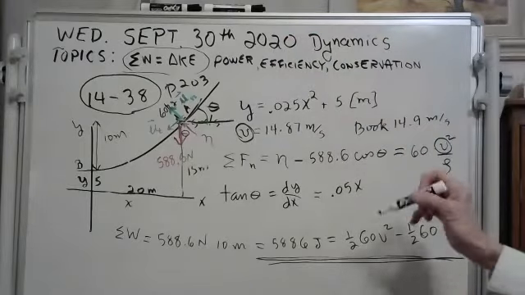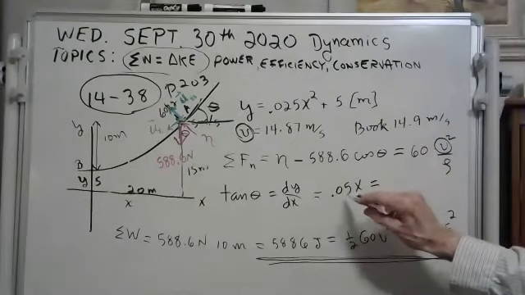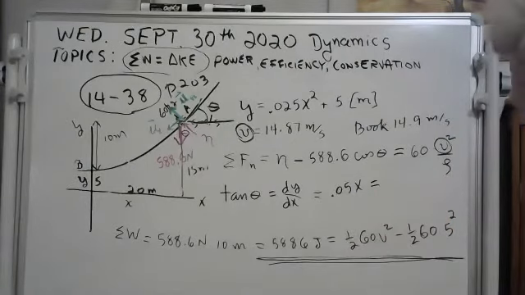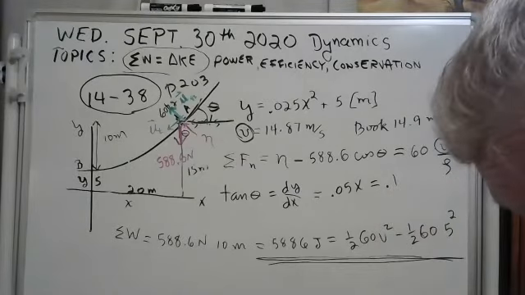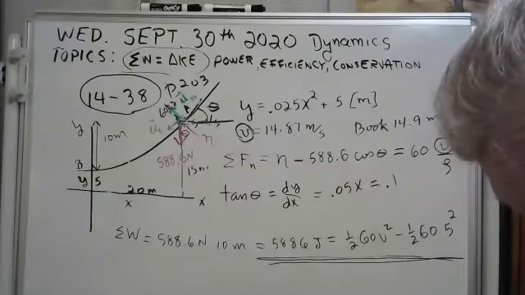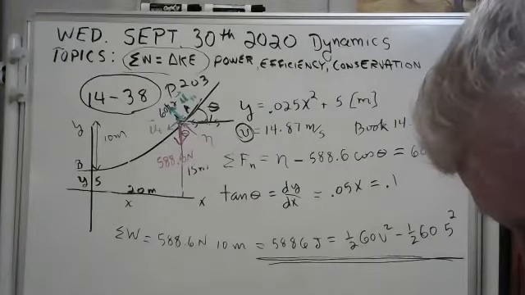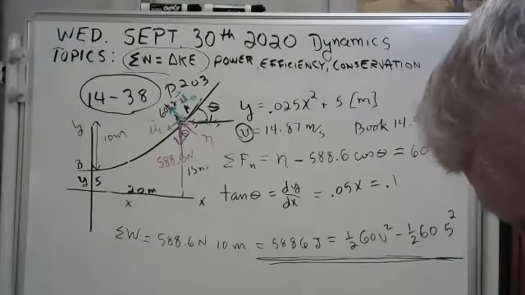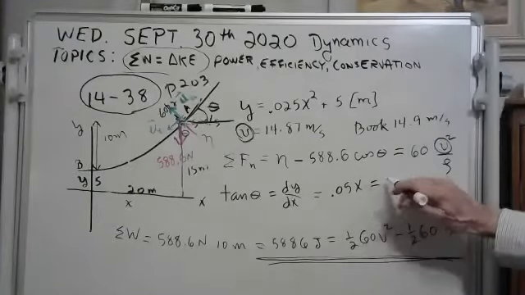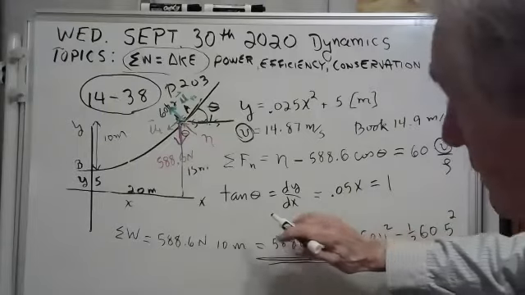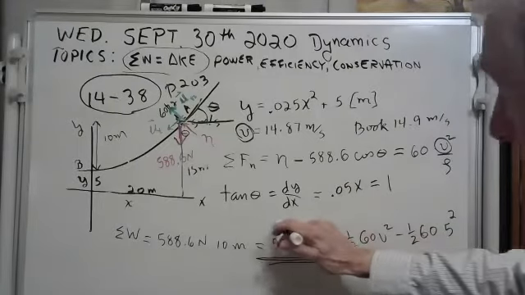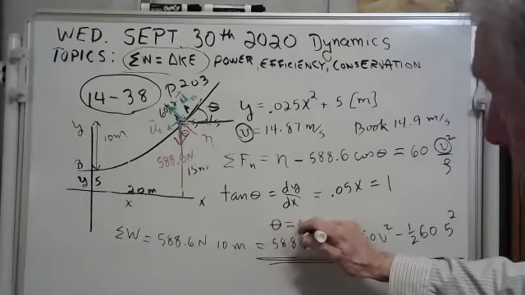And if x is 20, 0.05 times 20. I think it's 0.1, but I'm not sure. Yeah, no, it's 1, isn't it? Let me do that again. 0.05 times 20. No, it's just plain old 1. According to that, theta must be 45 degrees.